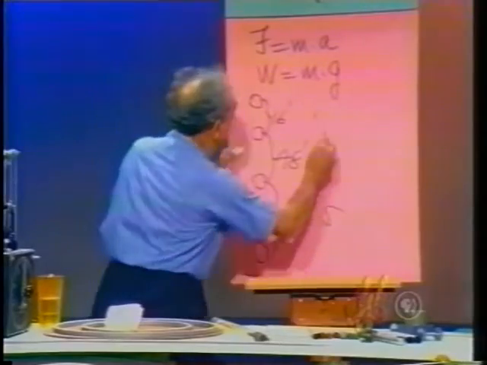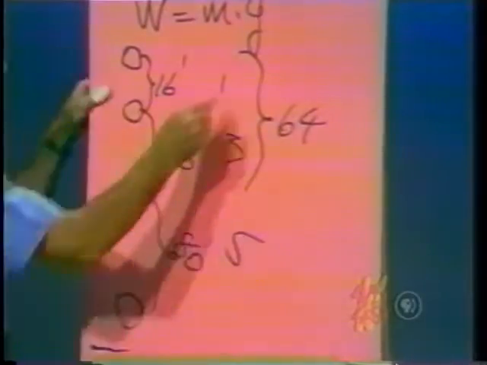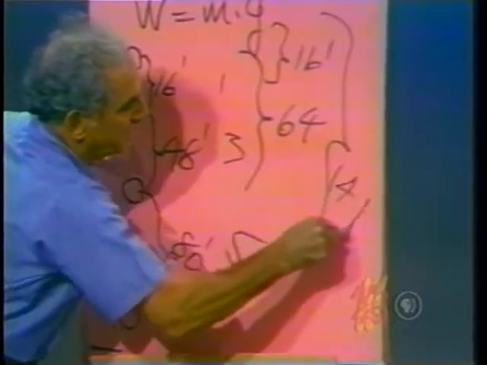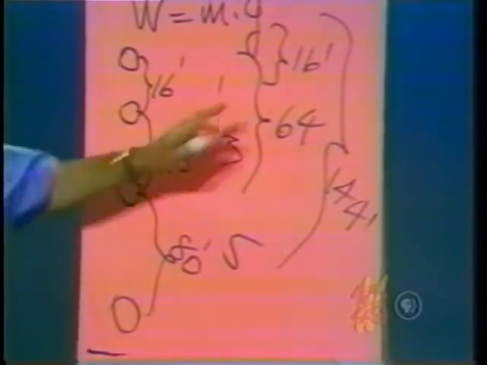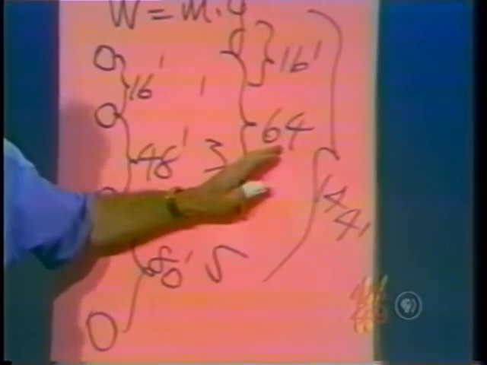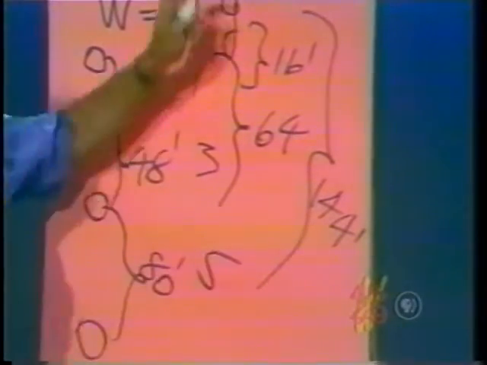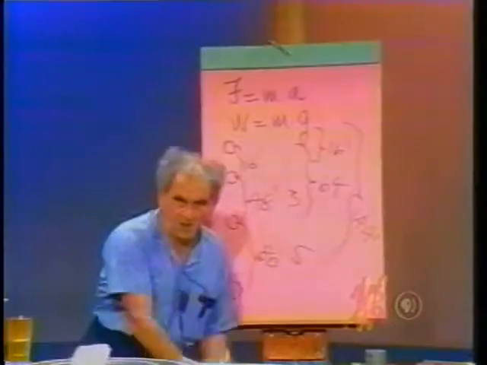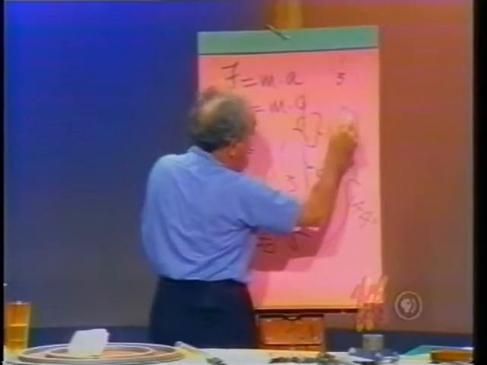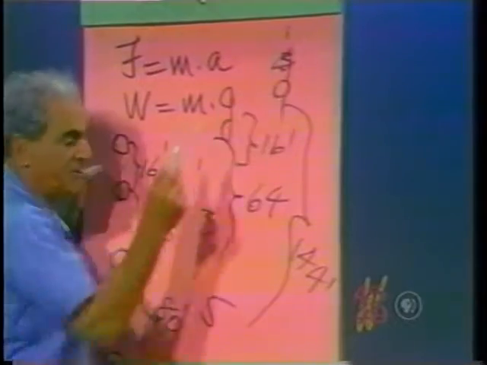Now, further than that, you see that the first second is 16 feet, the first 2 seconds is 64 feet, the first 3 seconds is 144 feet, and look at these numbers. 16 into 64 is 4, that's 2 squared. 16 into 144 is 9, that's 3 squared. So the distances all fallen during the succeeding seconds are in the order 1, 4, 9. You see, 1 squared, 2 squared, 3 squared.